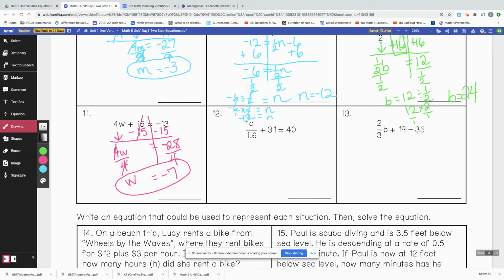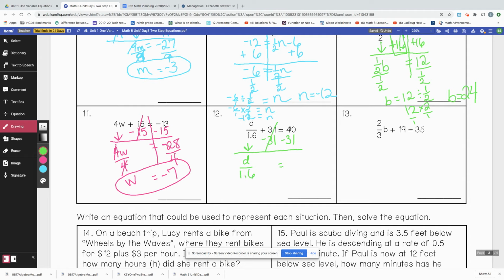Coming along here, we have d divided by 1.6 plus 31 equals 40. Let's subtract 31, doing that additive inverse, getting rid of addition with subtraction. I still have d divided by 1.6.